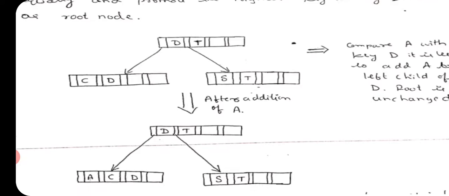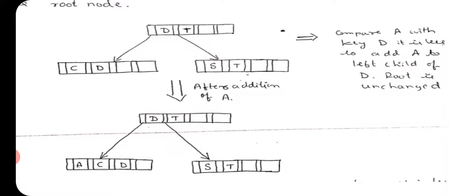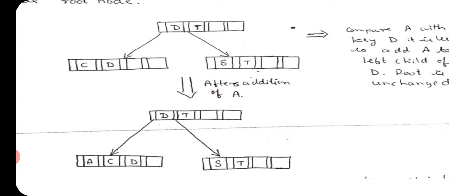A is compared with D, so it is less than D, so you need to add A to the left child of D. Here the root is unchanged, root will remain the same, D and T, after addition of A. So A is inserted at the left child of D, that is ACDST.